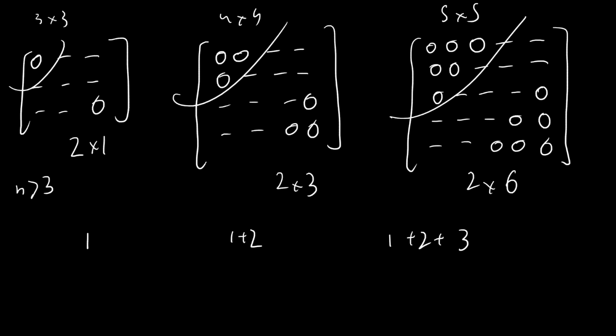So with this pattern in mind, I can say that the number of zeros at a corner is, no, this is the sum of natural numbers, right? This is the sum of 3 natural numbers, sum of 2 natural numbers, sum of 1 natural number. But here n was 5 and here n was 4 and here n was 3. So it will not exactly be n. The number of zeros at a corner will be the sum of n minus 2 natural numbers, where n represents the dimension.